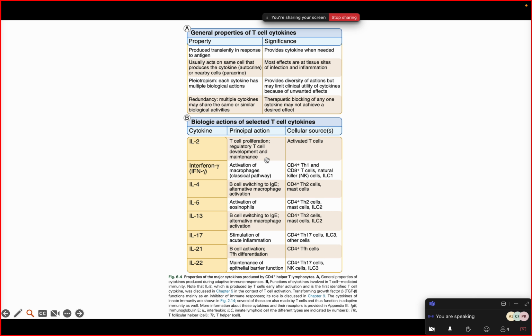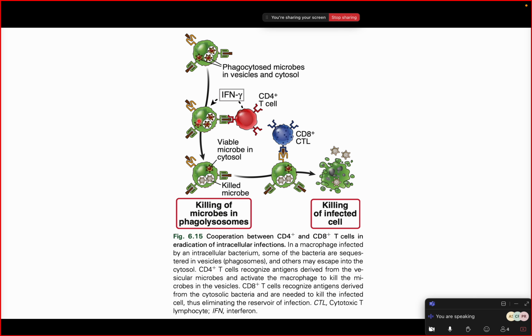Okay, so what will happen, once the macrophage is being recognized by the CD4 positive T cell, the cytokine now which it will secrete is interferon gamma, leading to the activation of macrophage, and then the microbe will be killed, it can be with the help of phagolysosome, inflammation or any other thing.